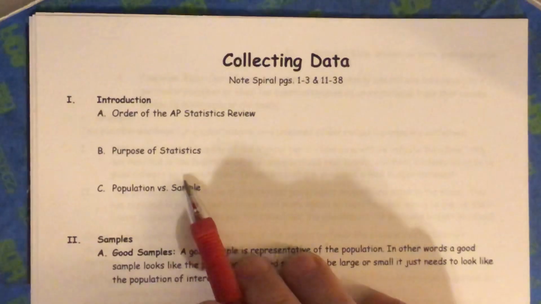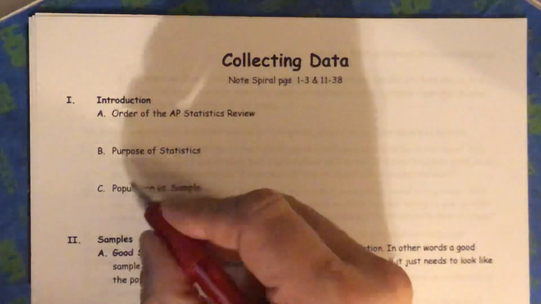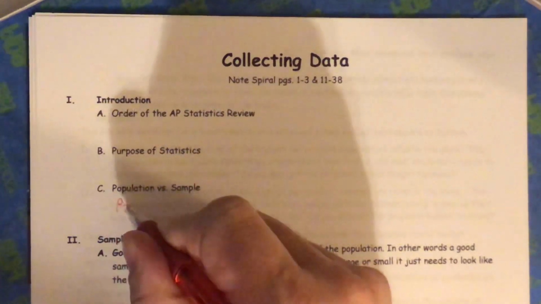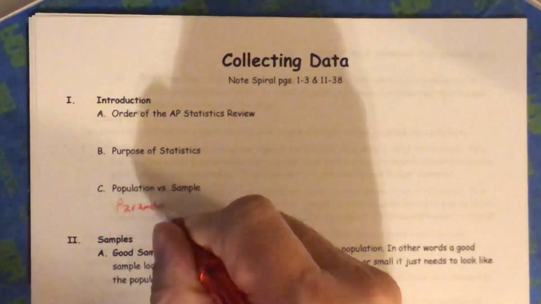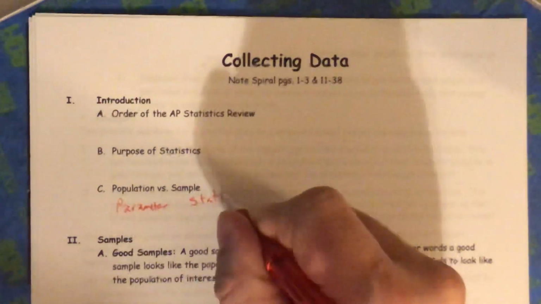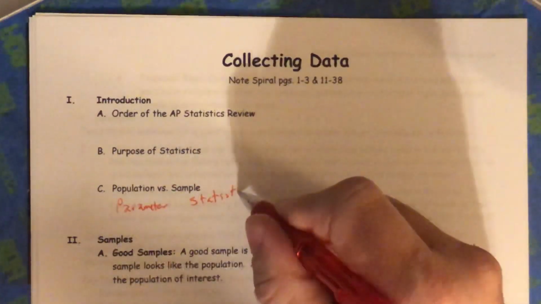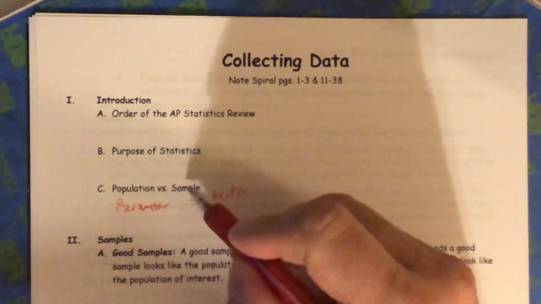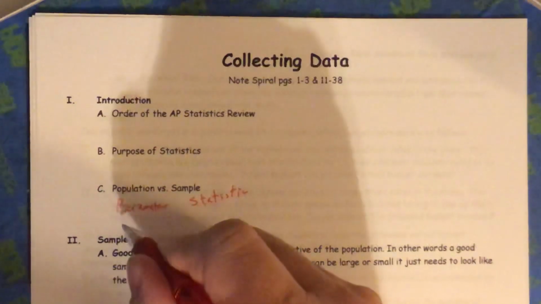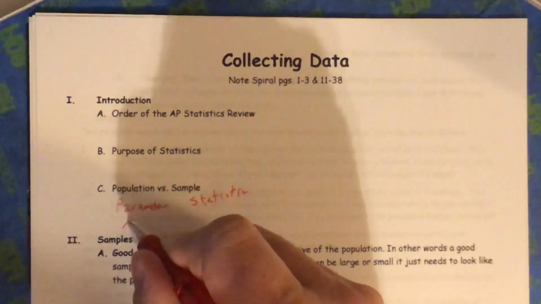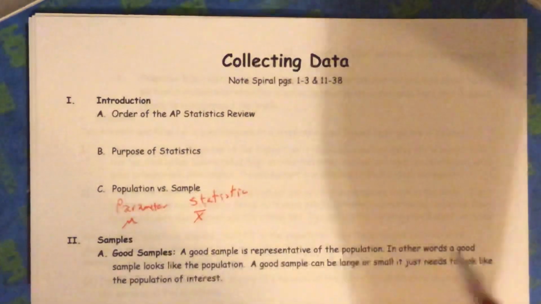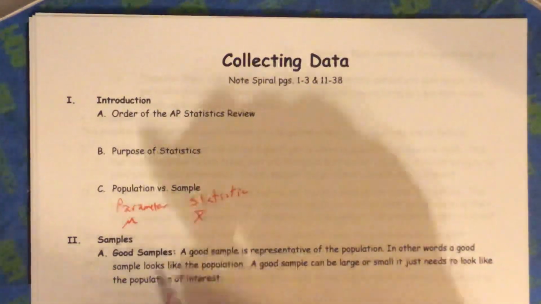Please remember that population values are parameters, and that's P for parameter, versus statistic for sample. All right, so population parameter, sample statistic. Population parameters will be Greek letters. So when we talk about a mean, we're talking about mu. And for a sample, we'll be talking about x bar, so anything with English letters, okay?